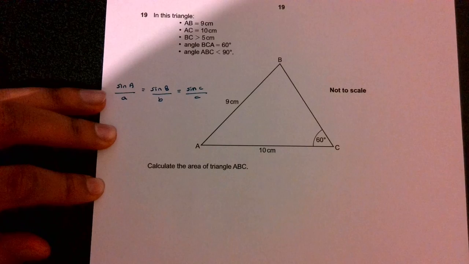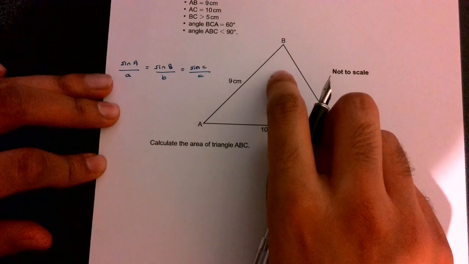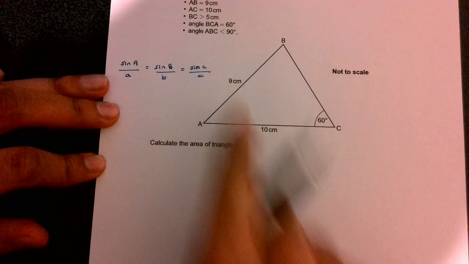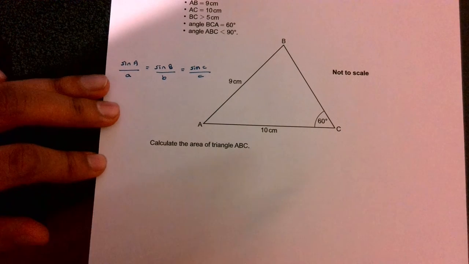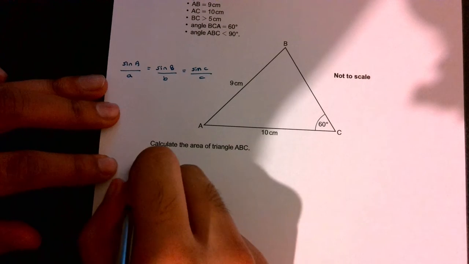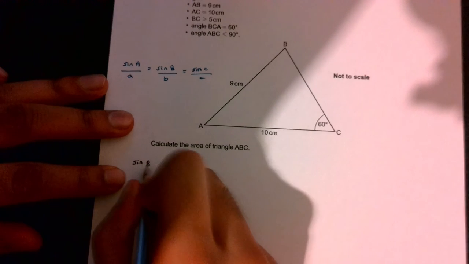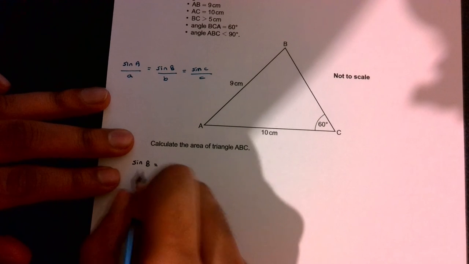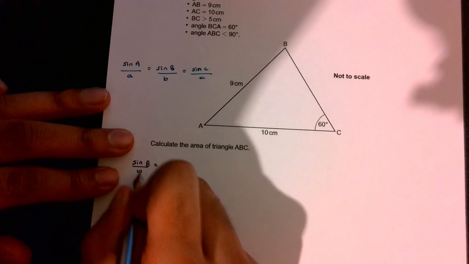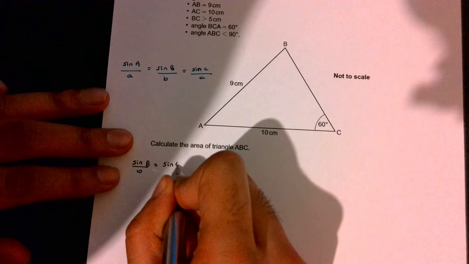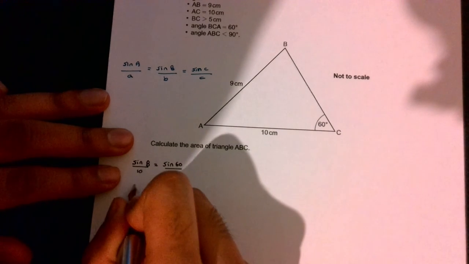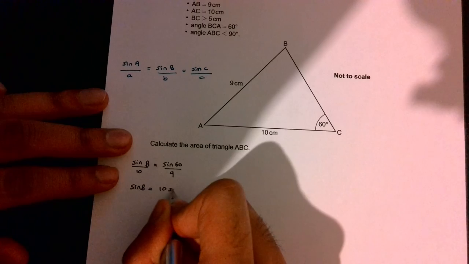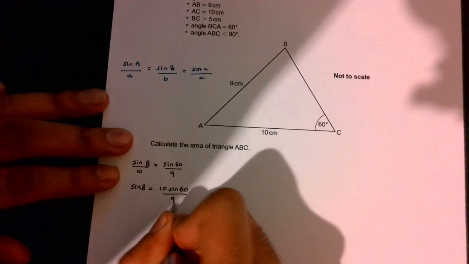So with this information, we can find out this angle B over here, because we have an angle, a length opposite it. We're finding this angle, we've been given the length opposite it. So we have sine B over 10 equals sine C, so we have sine 60 over 9. So sine B is equal to 10 sine 60 over 9.